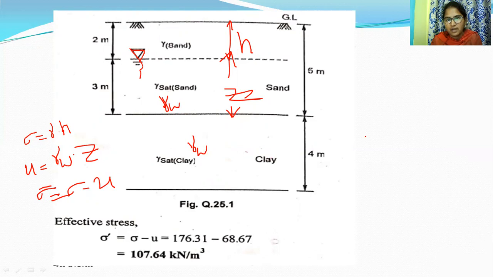So 9.81 into 3 plus 4. Two saturation conditions, so 9.81 into 3 plus 4. That is the unit weight of water.